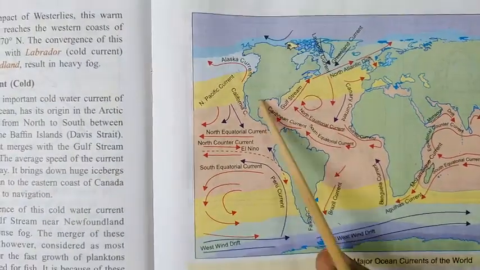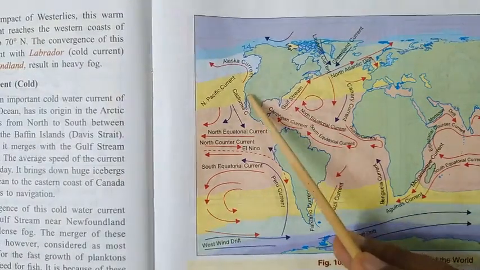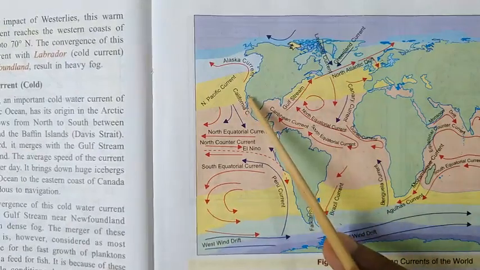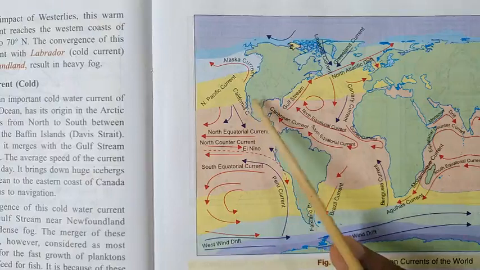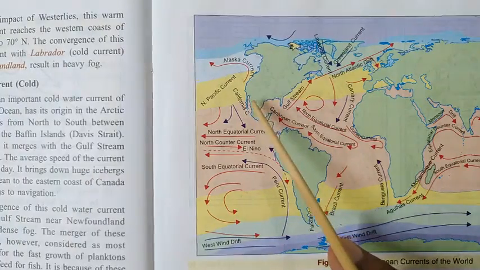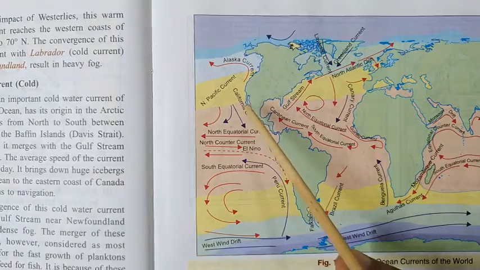Now look here. This is North America and here is California. In California there is a city known as San Francisco. I think many of you have seen the movie My Name is Khan.